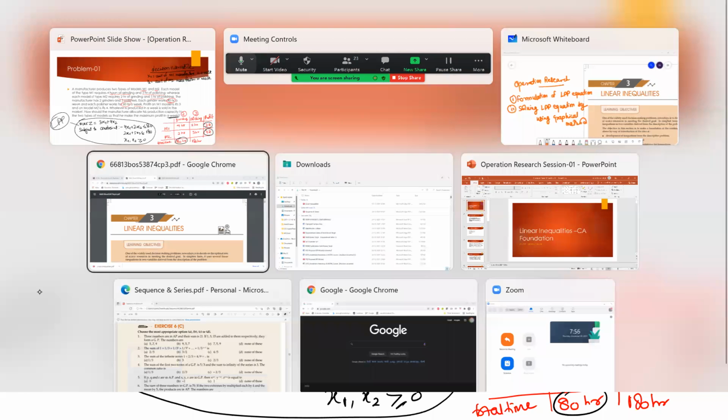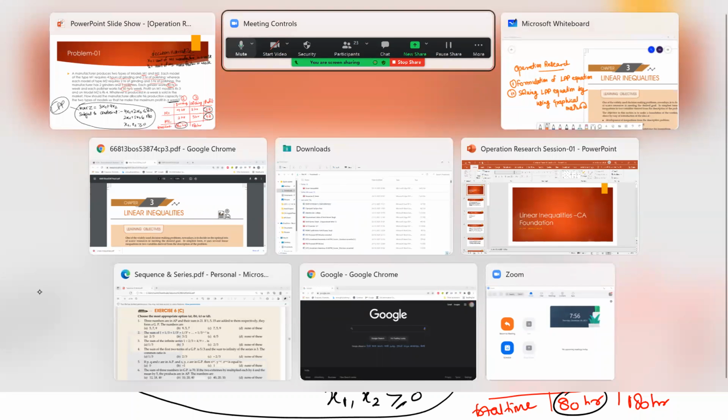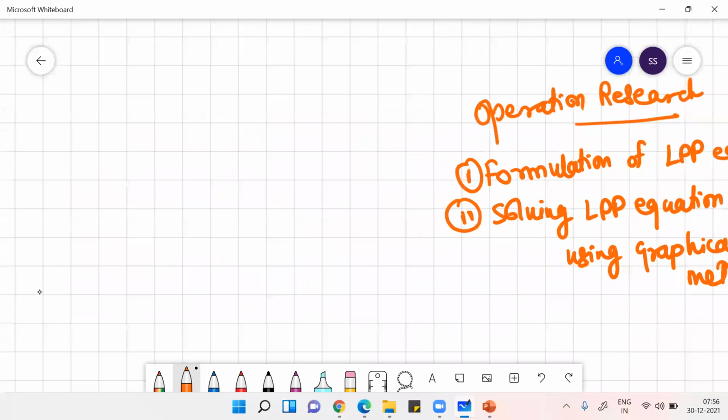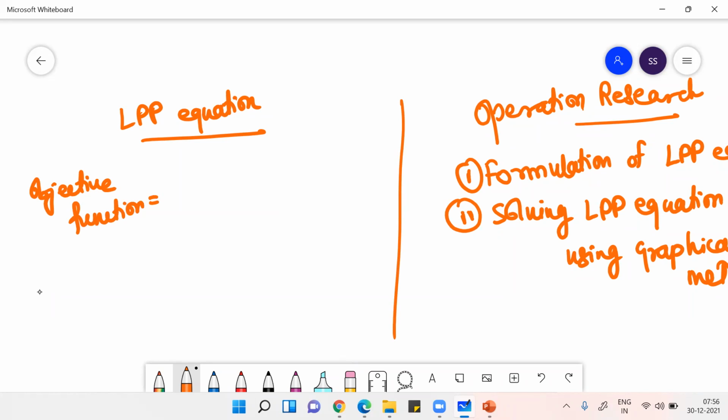Whenever we formulate an LPP equation, the first thing we write is the objective function, which is either maximize Z or minimize Z. Z is just a value.